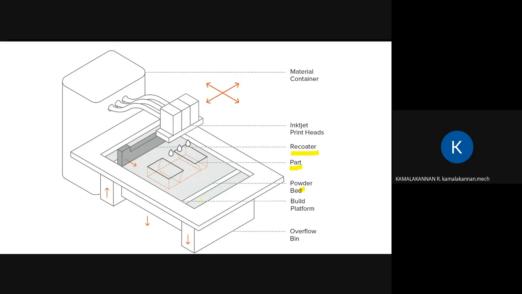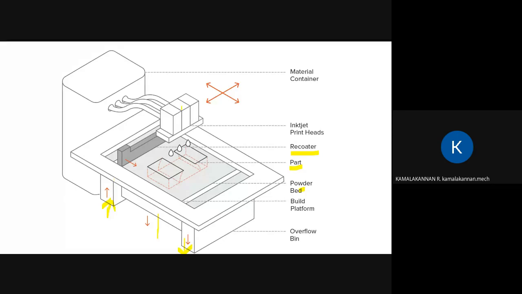So the build platform and the overflow bin will be moved down one layer once the work is over. And note it down, the material bin will move upward by one layer thickness. So this is how it will work.